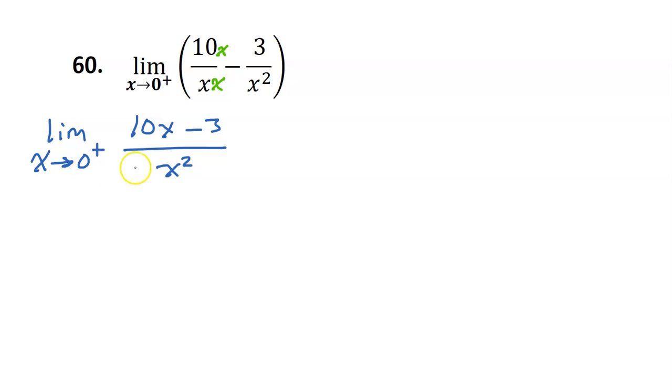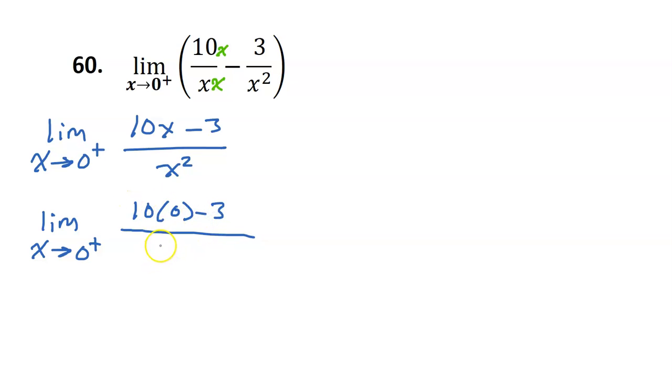We can just do direct substitution on this problem. So we have the limit as x approaches 0 from the right. And let's let x equal 0. So we have 10 times 0 minus 3 over 0 squared. Once I make the substitution, I don't write the limit anymore. I should just put an equal sign.